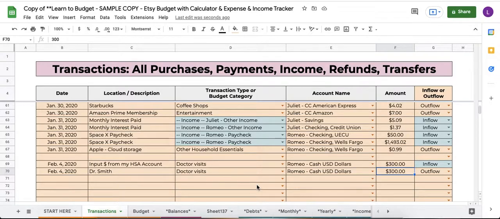So that's how you would input a transaction that was spent from your HSA account on a doctor visit when you do not have that HSA account as an account here. The same goes for any other account that you may have that exists outside of this spreadsheet. The same goes if you want to take in the fact that you bought new windows for your house, but you didn't actually buy the windows for your house.